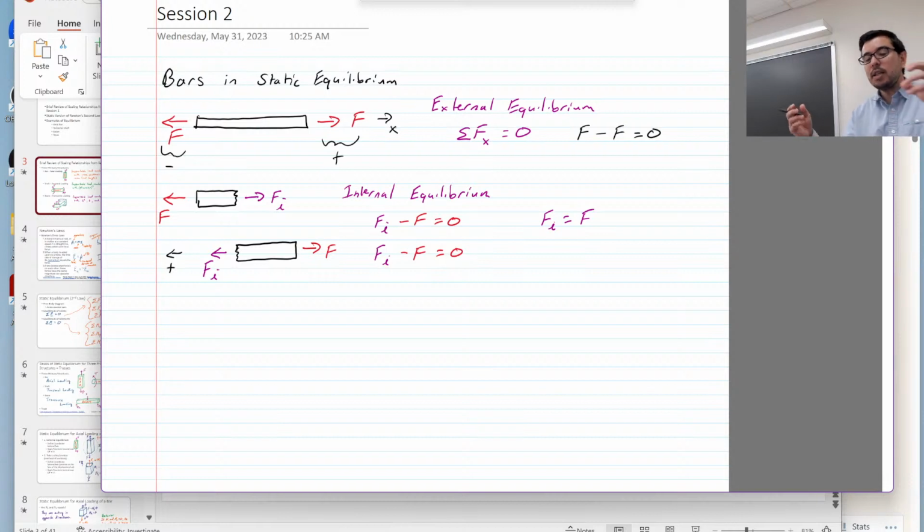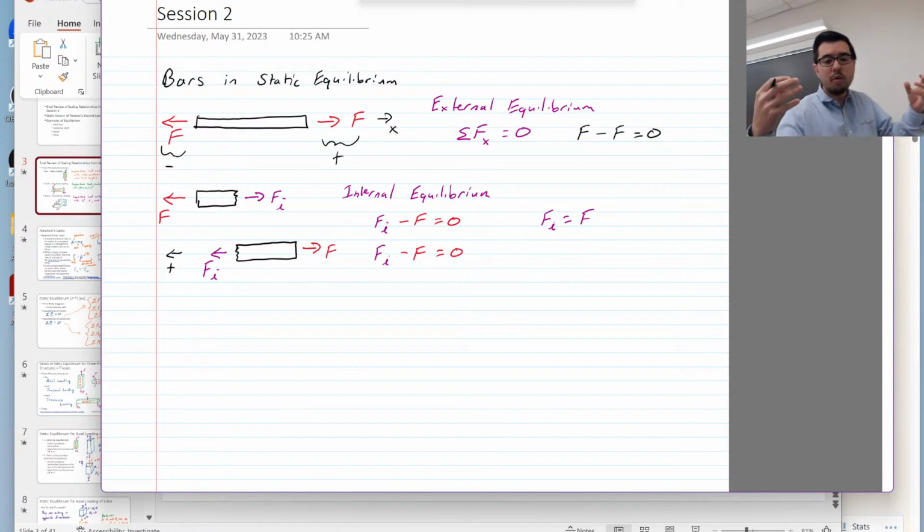So that's in tension, and you can visualize this more easily because if I look at what's happening with the external forces, if Fi is positive, the F external is also positive, and that's pulling it apart. What may be a little bit counterintuitive is that Fi with one slice is going to the right, and another slice is going to the left. But it's coming out of that face, and if it's coming out of that face, that's positive.